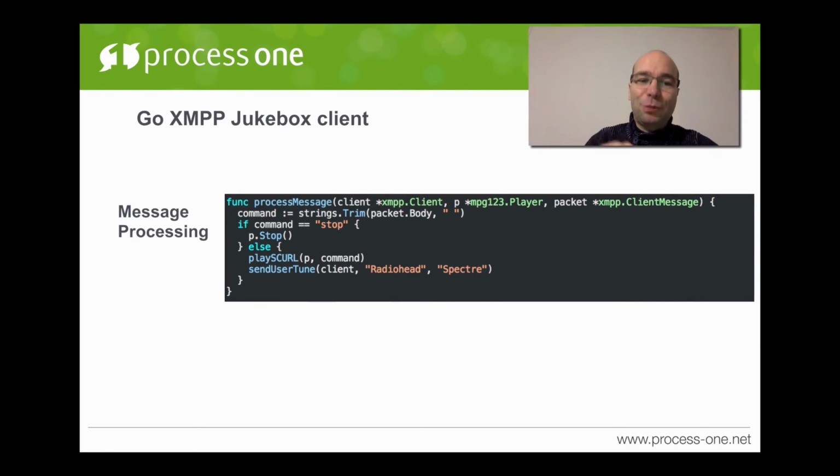Then you have the message processing function, which is called process message, and which basically takes the body of the message, removes the leading and trailing white spaces, and if the command is stop, it will stop the player, or otherwise it will play the URL, passing the URL command to the SoundCloud player function, and then it will send the user tune.